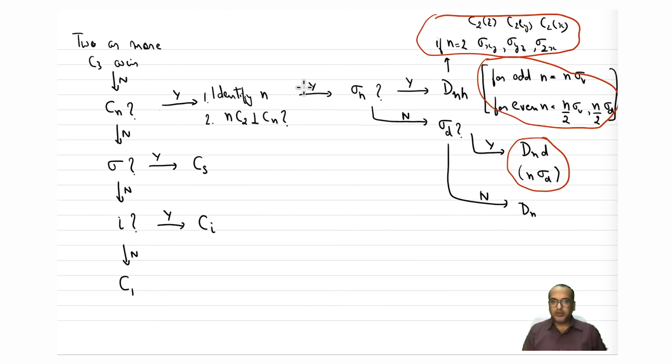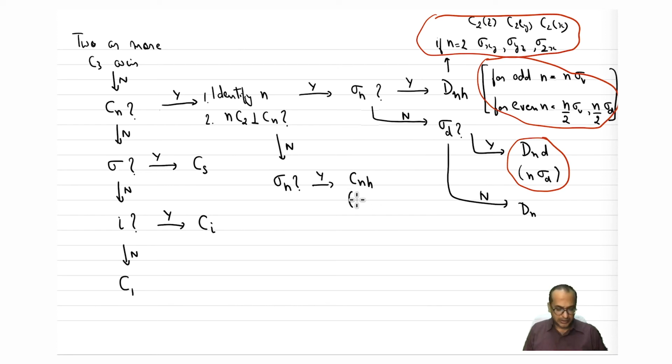All right, so this was the yes case. Now let's go to n C2s perpendicular to Cn. If there are no such cases, then you will ask if there is a sigma h present, and if it is a yes, then you call it Cnh.